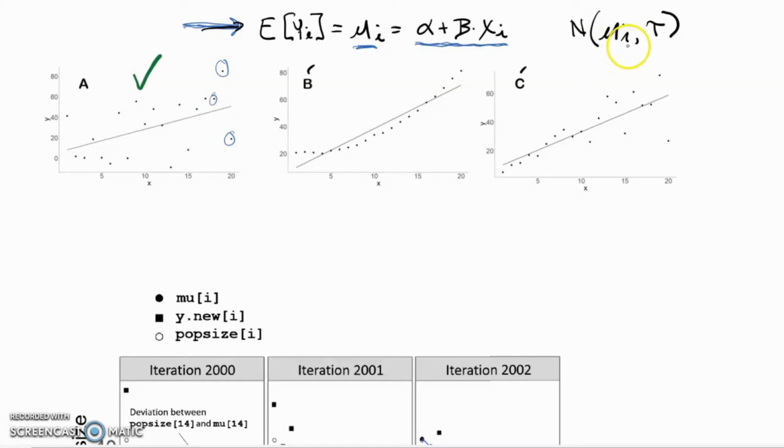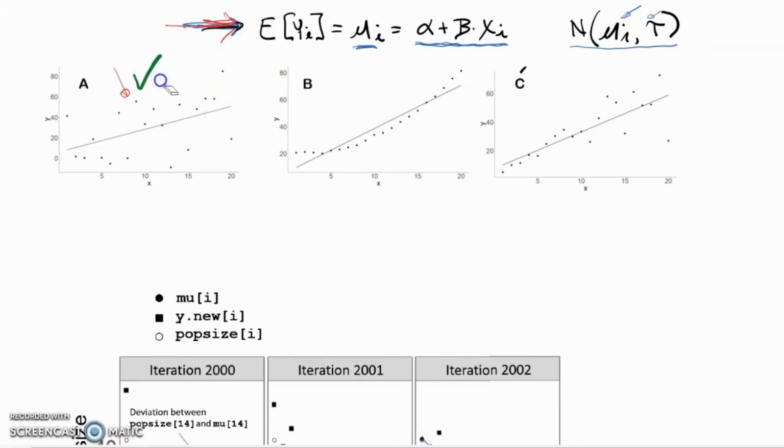And then our individual observations arise as single random draws from a normal distribution with that mean and that level of precision. And so, notwithstanding the fact that there's a heck of a lot of scatter here, these data are consistent with this particular model.